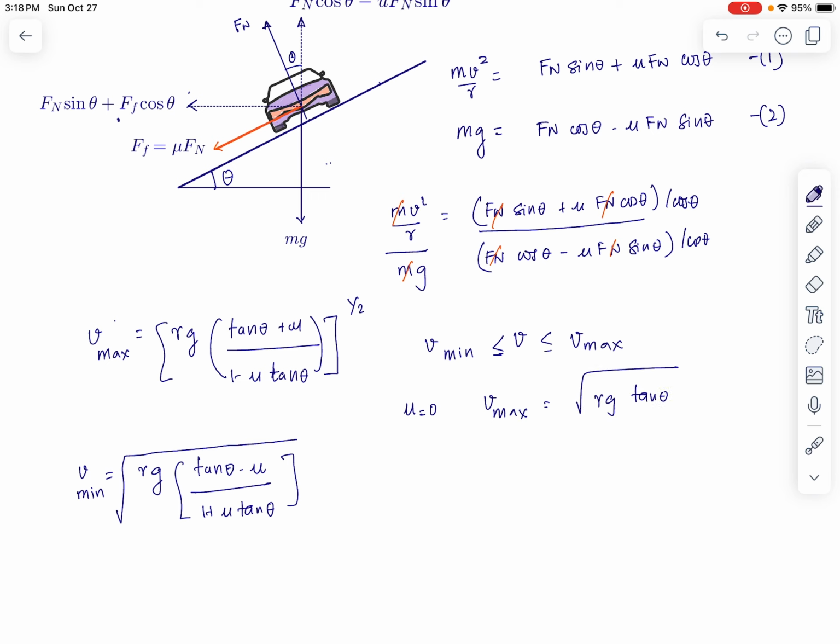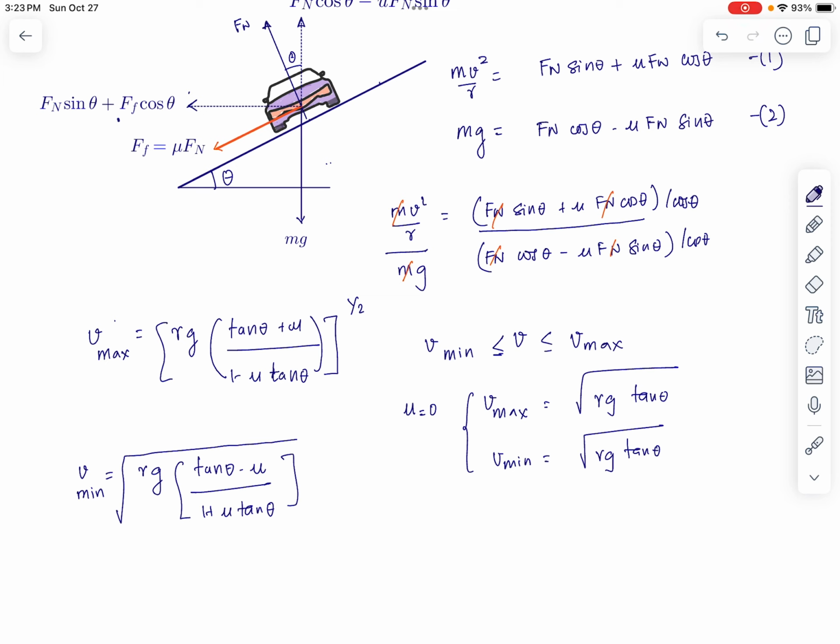Okay, and in this particular case, this goes to 0 and that goes to 0. So Vmin is also equal to the same thing. Okay, so when there is zero friction, then there is no difference between the minimum and the maximum velocity. Okay, so there is only one velocity at which the car needs to be in order for it to not slide either way. Right?